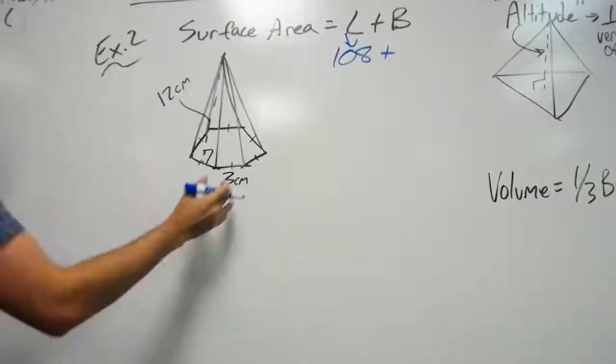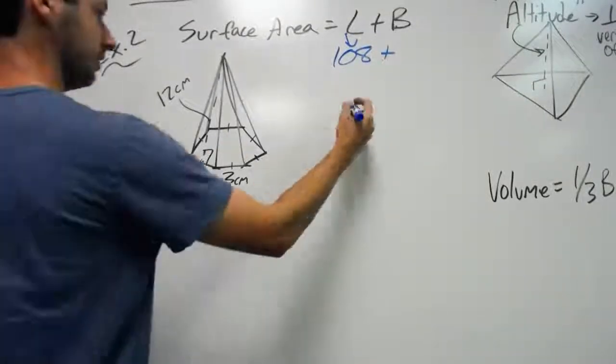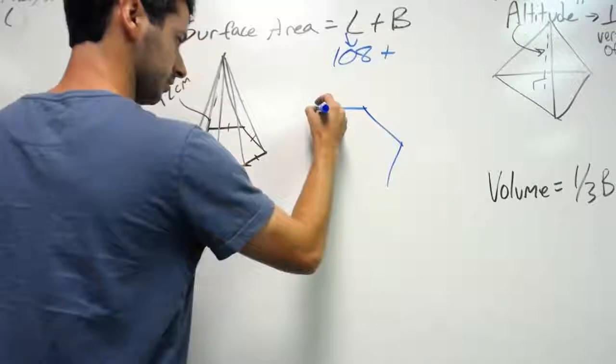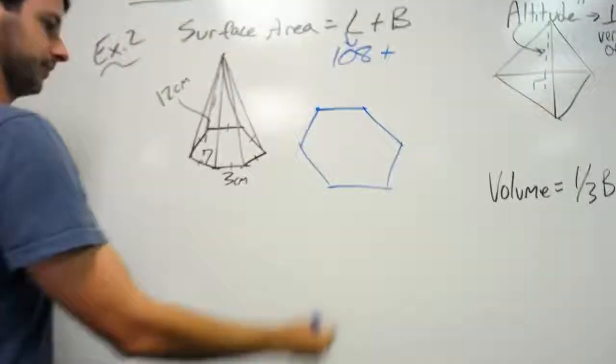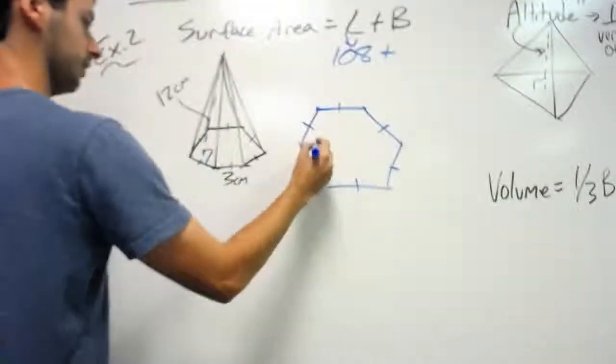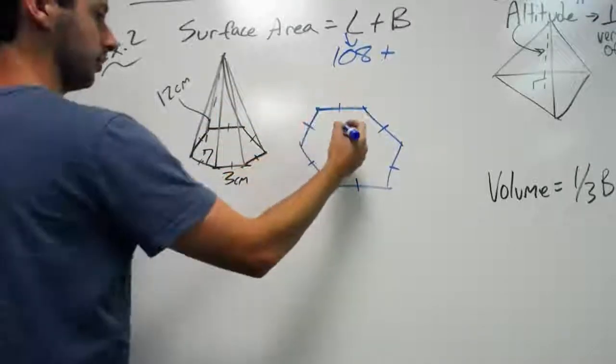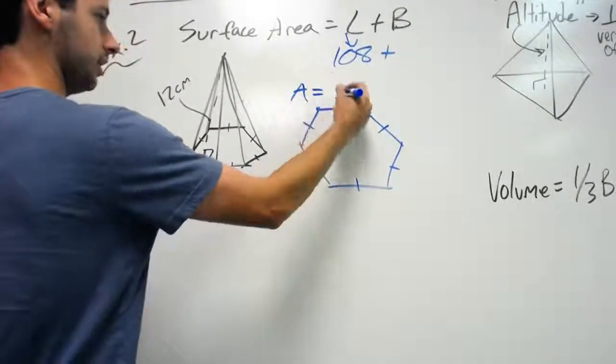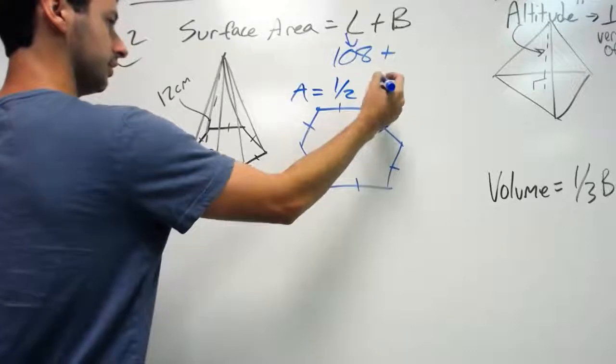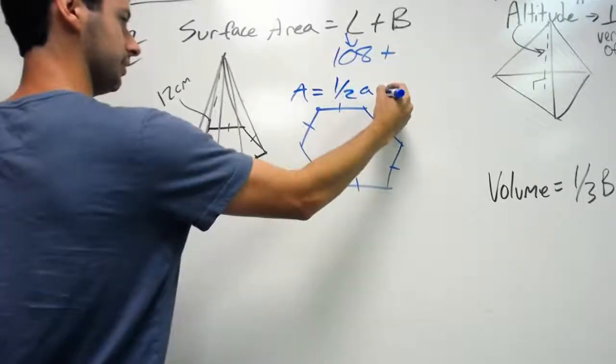If you look at the base, it is a regular hexagon. A couple of lessons back, we did area of regular hexagons. Our formula was the area equals 1/2 apothem times perimeter.